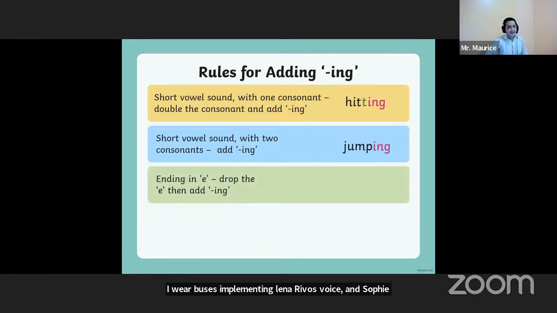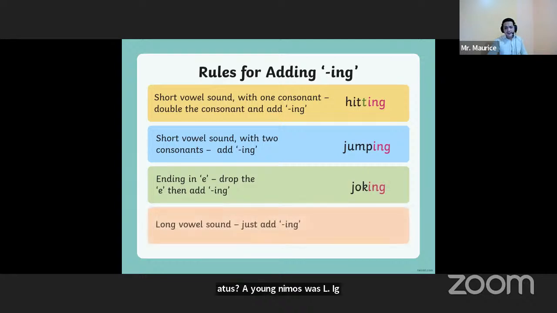Tenemos la otra regla para aquellos verbos que terminan en la vocal e. Esta desaparece y añadimos pues el ing. And this one is the ing form. Simplemente también pues añadir el ing. Entre estas características pues vamos a tener las que sobresalen pues es la regla 1 y la regla número 3. Rule number 1 and the rule number 3.